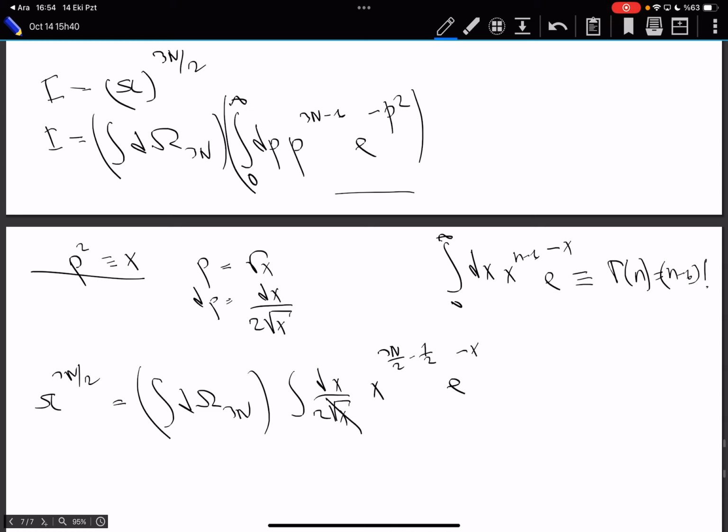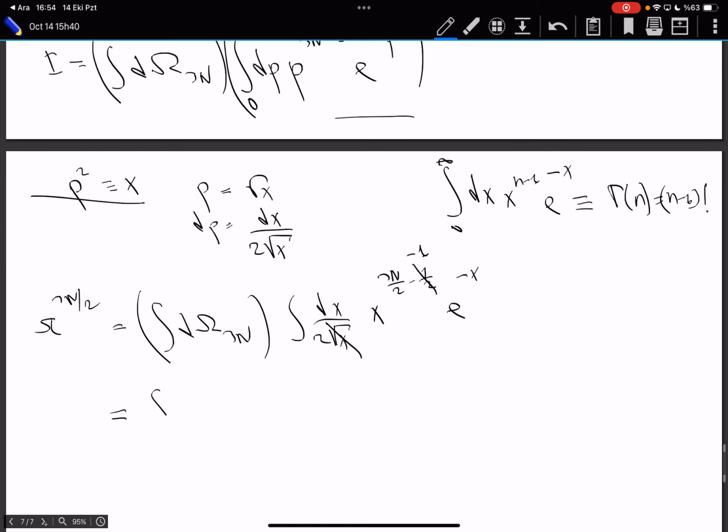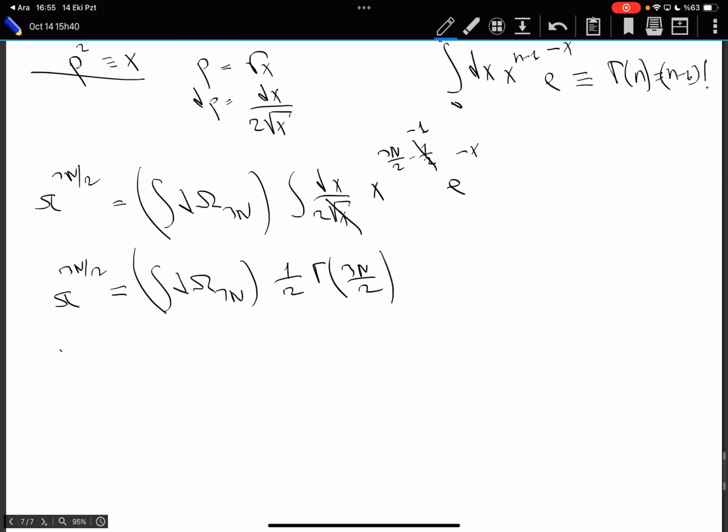If I do the simplification, dividing by square root of x will convert this to minus 1. So this is 1 over 2 gamma 3n over 2. Pi to the 3n over 2 is this integral over there. So this integral over the solid angle is twice pi to the power 3n over 2 divided by the gamma function.